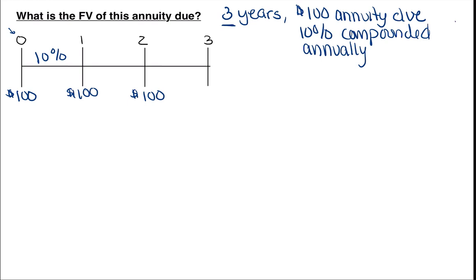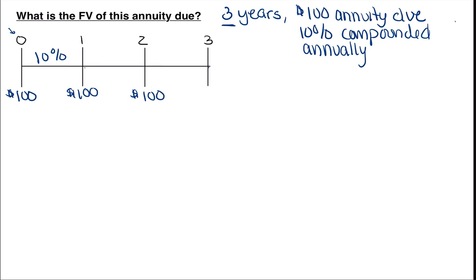Now we're going to calculate the future value for each payment period. If we look, we notice that each of these tick marks represents one of the compounding periods, right? Because it's compounded annually, and it's 3 years. So when I calculate the future value, I need to keep that in mind.